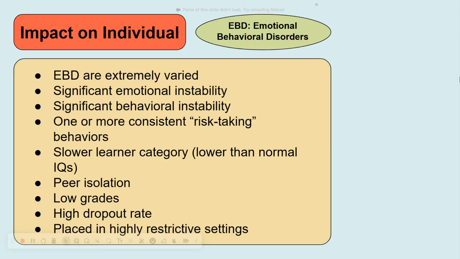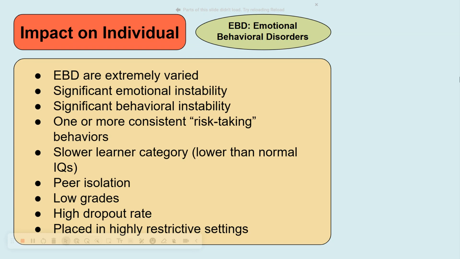So if we're talking about how emotional behavioral disorders impact an individual specifically, these reactions and impacts can be extremely varied depending on the severity. So you can look at emotional instability, behavior instability, consistent risk-taking behaviors. I just want to note about these risk-taking behaviors in this article that I read.